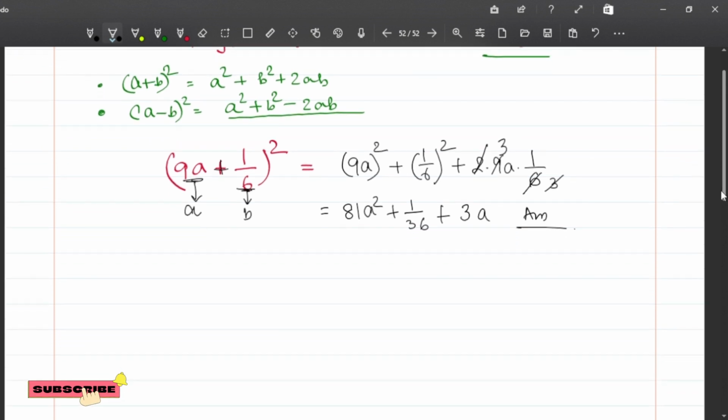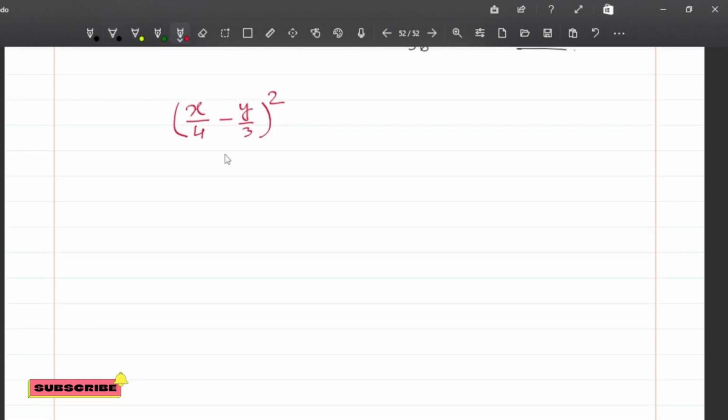Now take another example. x by 4 as a and y by 3 as b. Now expand with the minus formula: (x by 4) whole square plus (y by 3) whole square minus 2ab.